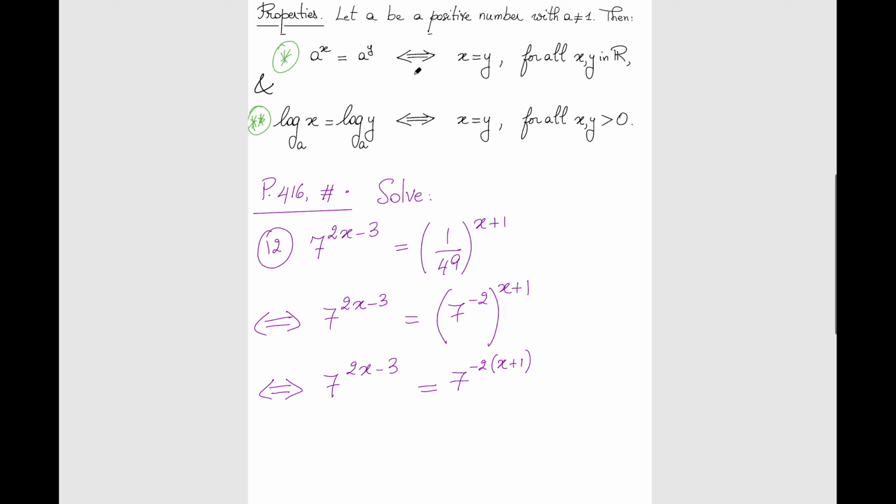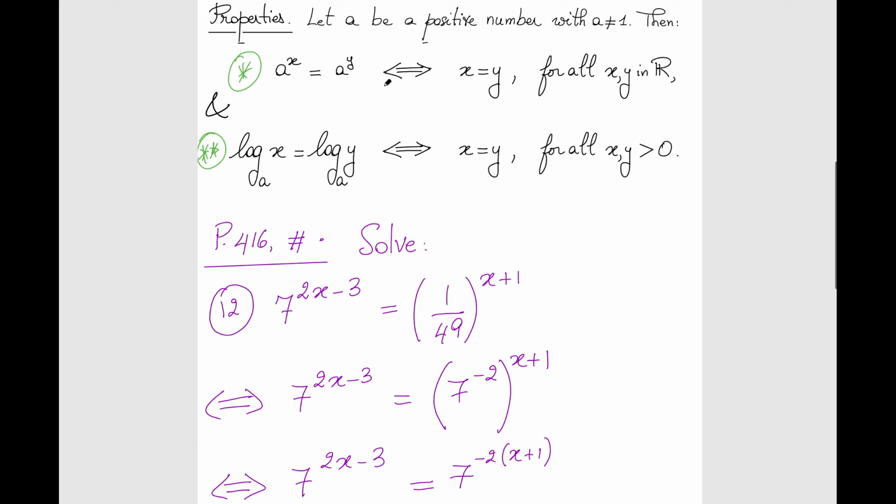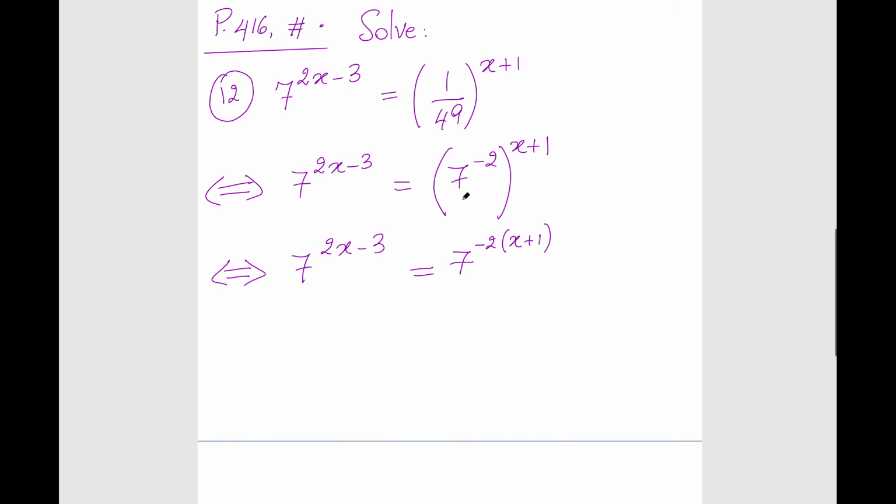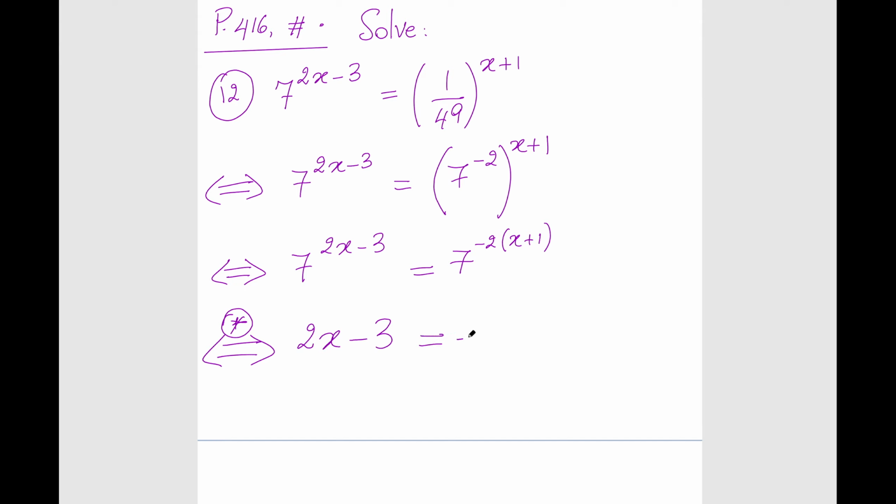This is the important part of it. You're not losing information along the way. You get an equivalent equation by just matching the powers. So this means, by asterisk, that 2x minus 3 is equal to minus 2 times x plus 1. Does it make sense? And again, I can't emphasize it more.